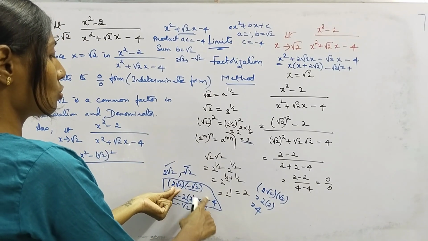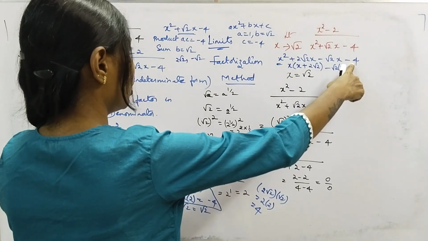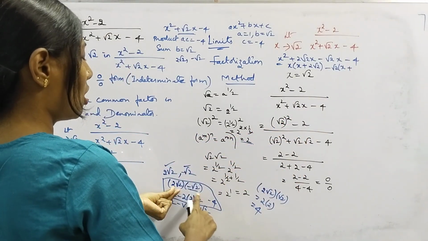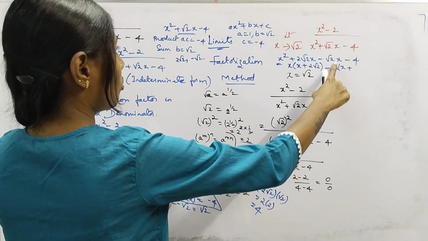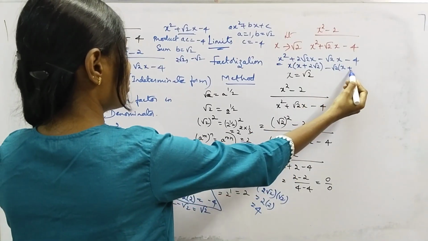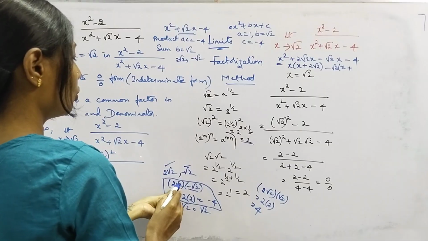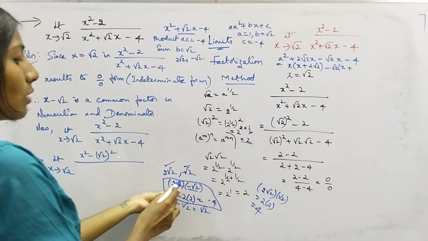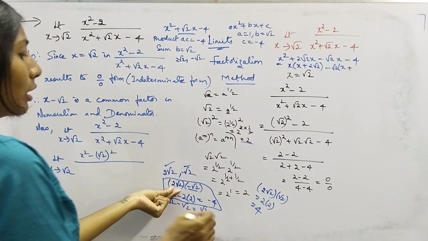If you take minus root 2, here we are having minus 4, the number. If you take minus root 2 common from these two terms, you'll get minus root 2 times x plus 2 root 2. Please try to understand. I'm repeating it.